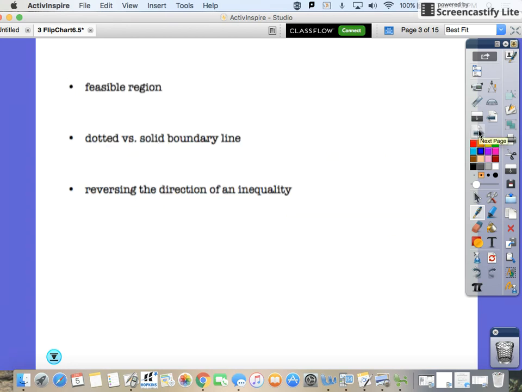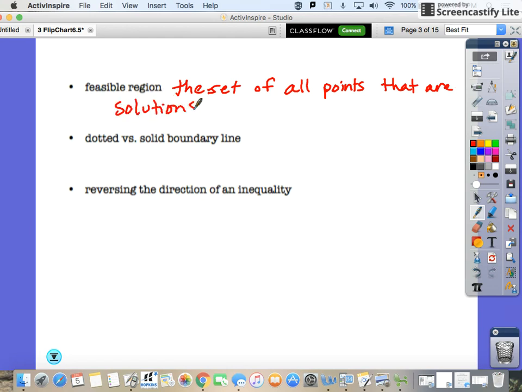The feasible region is the set of all points that are solutions in our system of inequalities. So this feasible region is the set of all points or coordinates that are solutions in our system of inequalities.